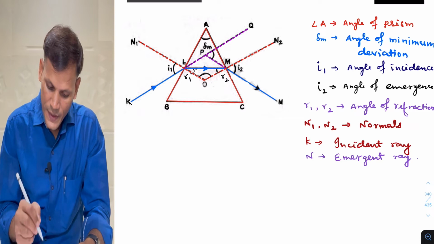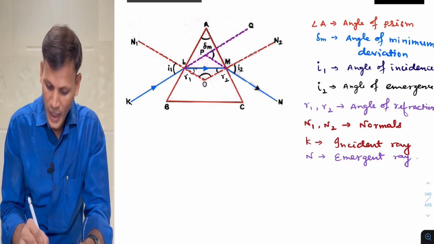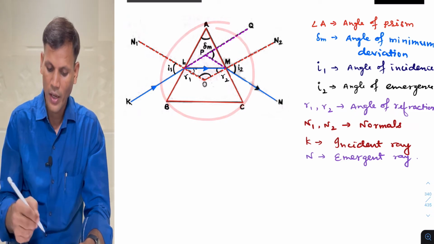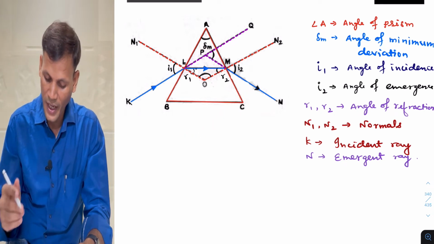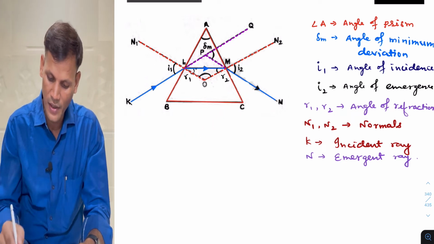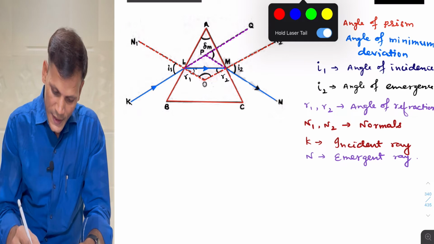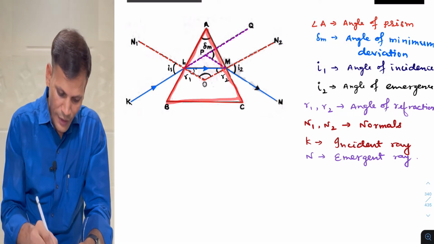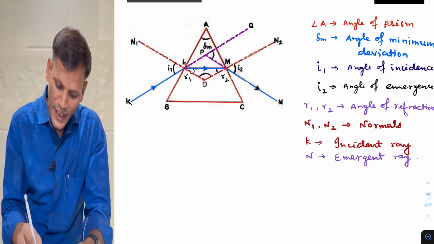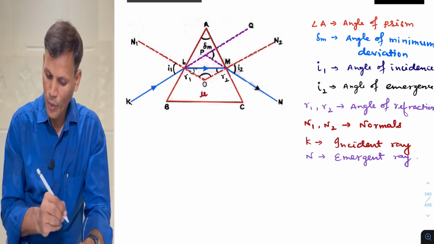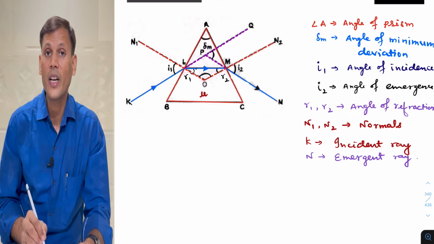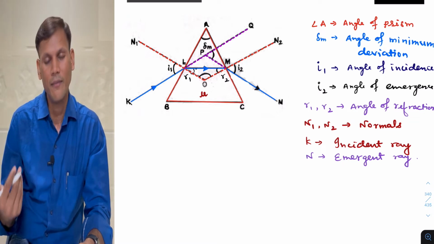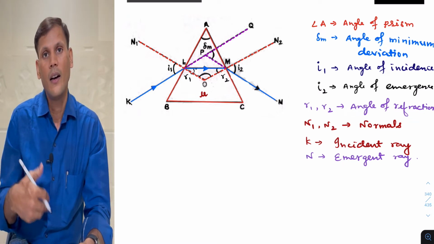And what is a very important thing, how we have written this one, or how we draw the diagram, what is the science behind it, I will tell you. This is a glass prism. Let the refractive index of the glass be mu, because it is a material which is glass.